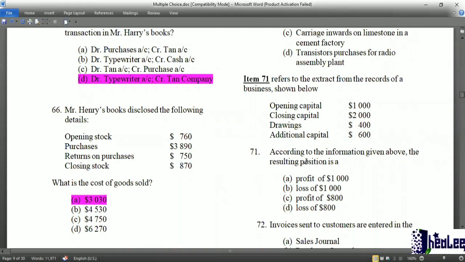And that is opening capital, add additional capital, add your profit, less your drawings, and that would give you your closing capital. So based on that information that we have, when we substitute to find the missing figure, we have profit of $800.